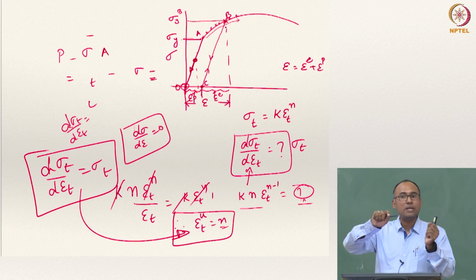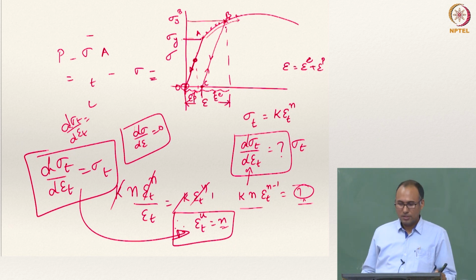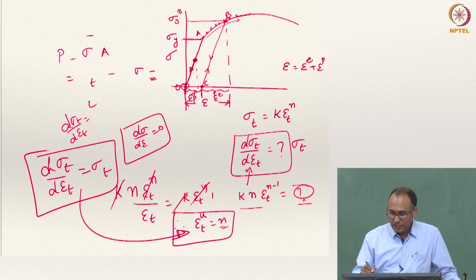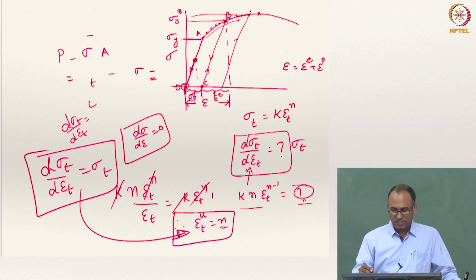It is not the same material anymore, okay? And then you further load it here and unload it here again. So let us say this is your peak, then again your yield strength is going to increase, right? Unload and reload, and your yield strength is increased.